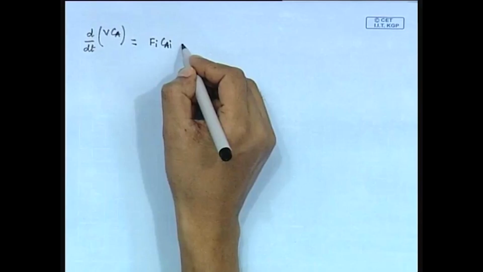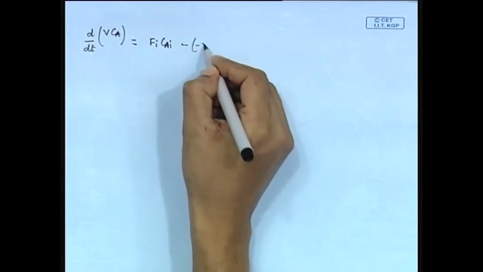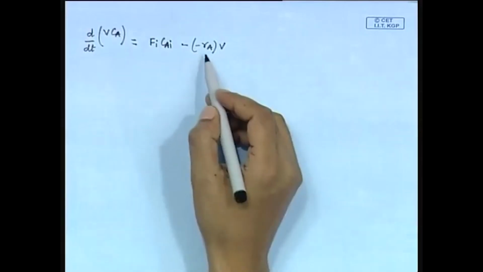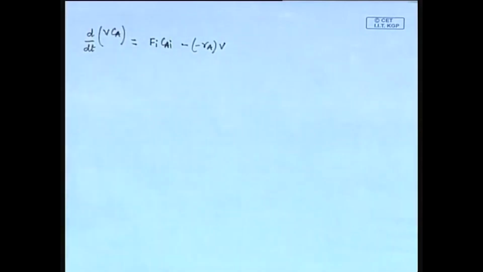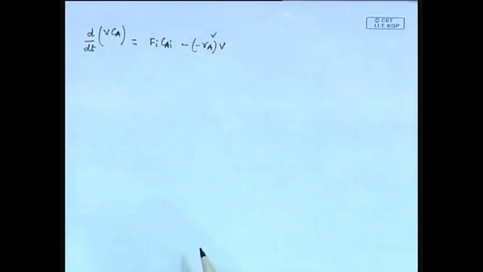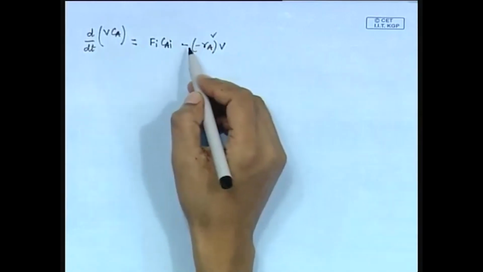Now, what is the generation? Minus Ra into V. See, minus Ra is the rate of disappearance of A. If we multiply with minus sign, then we get the generation. Fine. Minus Ra is the rate of disappearance of A. So, if we multiply with minus, then that becomes generation.